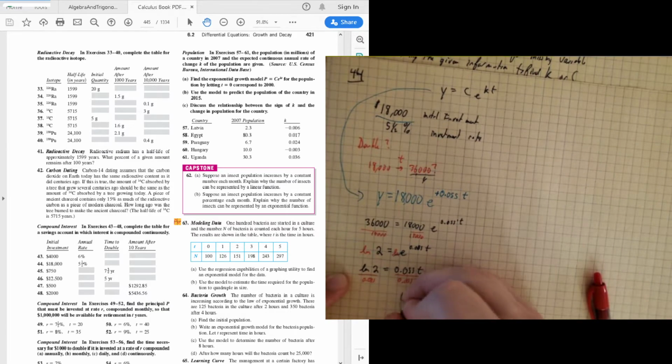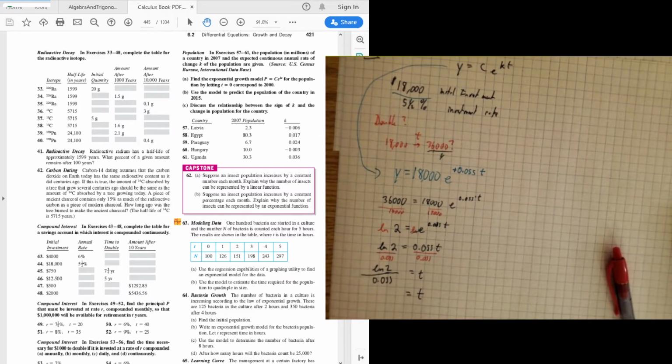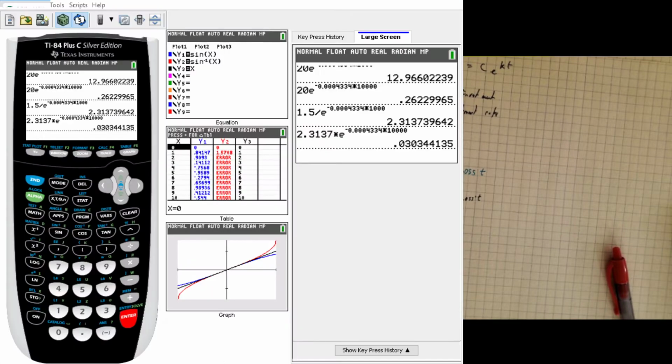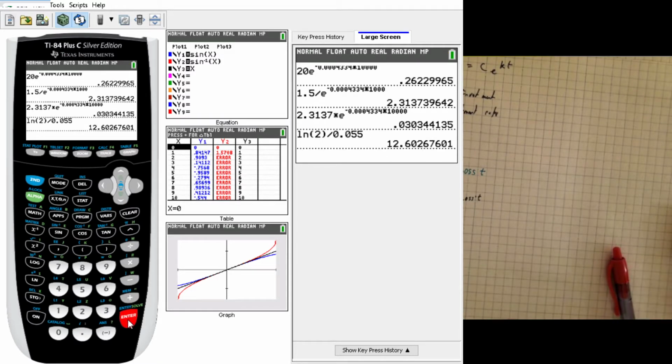So my t in this case should be ln of 2 divided by 0.055, which, using my calculator, ln of 2 divided by 0.055, it's going to take 12.6 years.